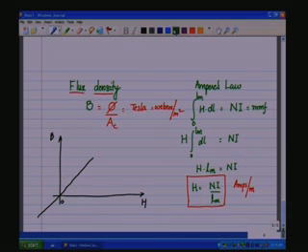This is flux per unit area. This is MMF Ni by path length, amps per meter. This is Tesla or Webers per meter square. Now this slope here, delta B by delta H, is mu.